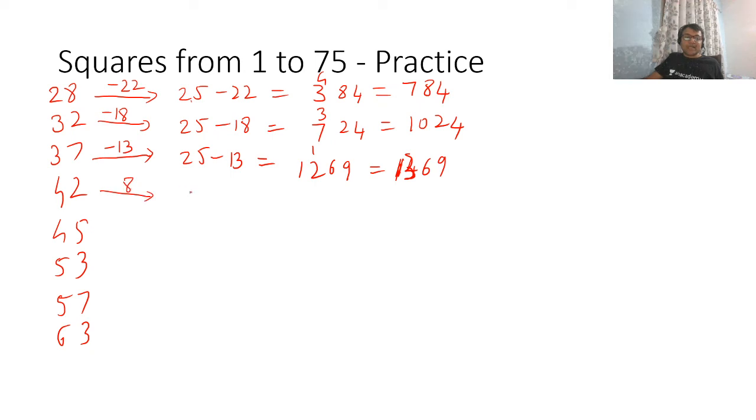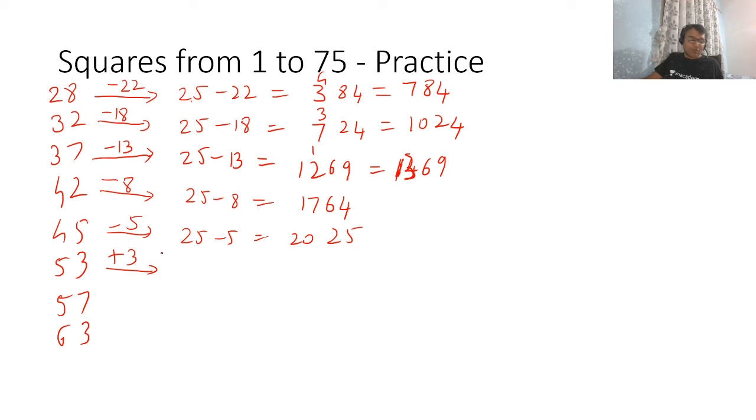42 is 8 less than 50, so 25 minus 8, 17, and 8 square will give you 64. 45 is 5 less than 50, so 25 minus 5 is 20, and 5 square is 25. 53 is 3 more than 50, so 25 plus 3 is 28, and 09.